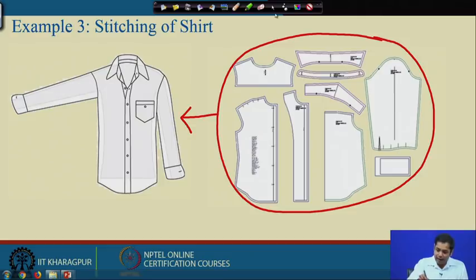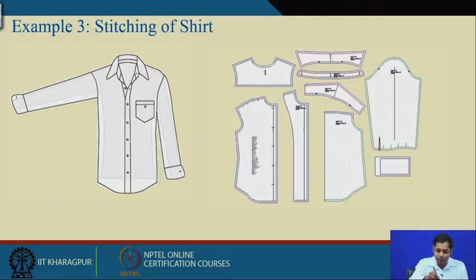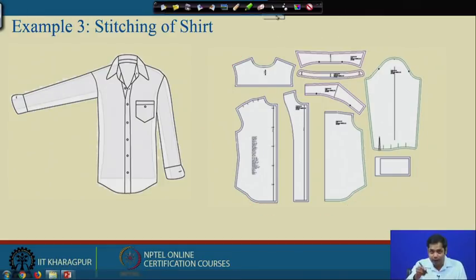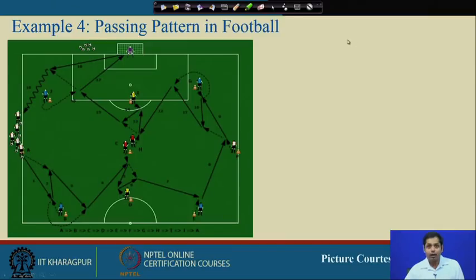Now again, before I make the point, let me show one more example. Suppose this is a typical passing pattern in football. This is the last example before we make the point.